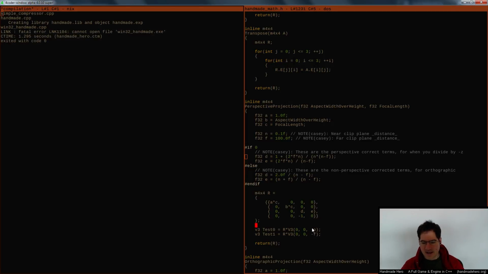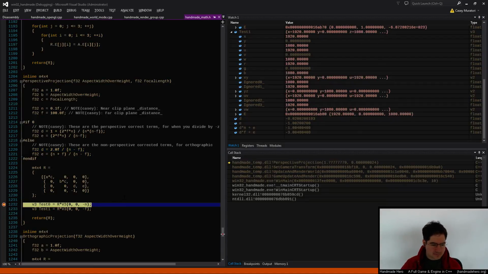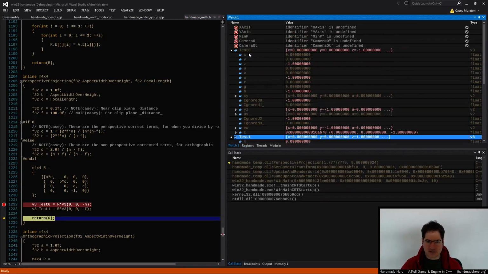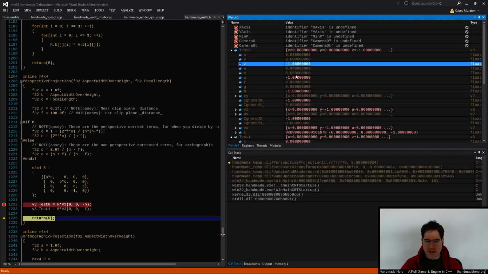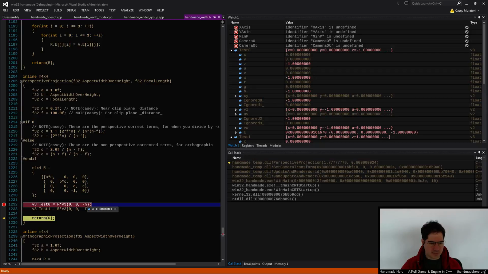I was going to say, I'm clearly missing something here because we can't be wrong about all of this all the time. All right. So now let's see if these come out correctly. So here's my test 0. So z over w in this case would equal 1, which again is not right though, because the near clip plane should be mapped to negative 1, if I remember correctly.